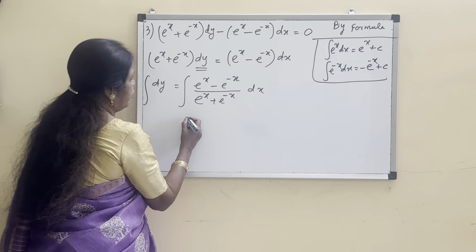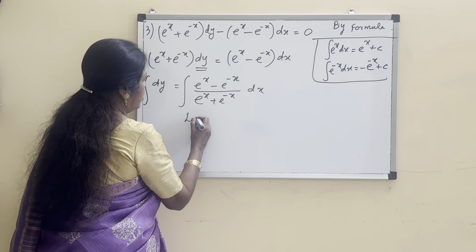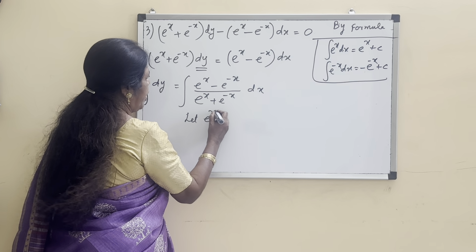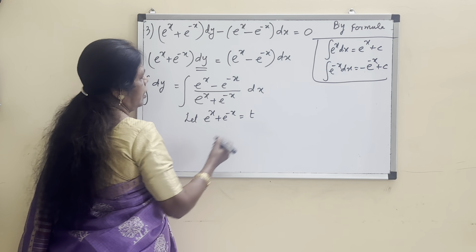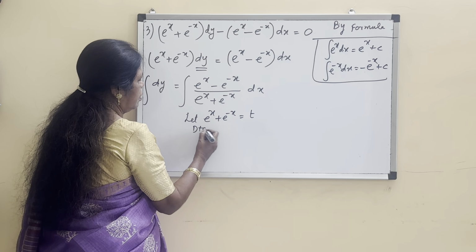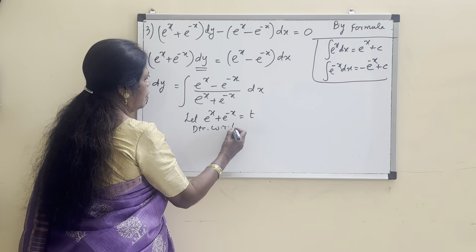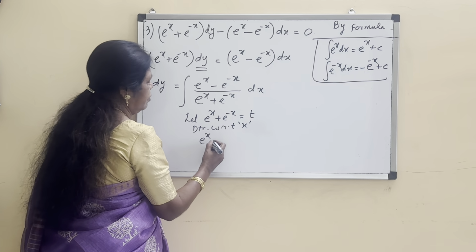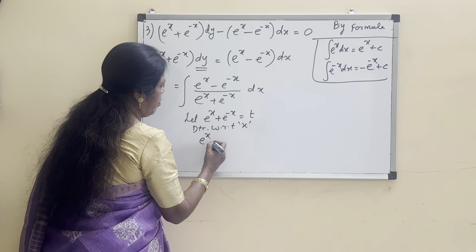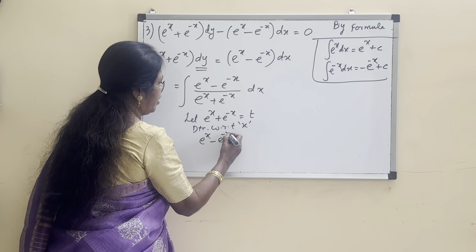So let the denominator e power x plus e power minus x equal t. Differentiating with respect to x, differentiation of e power x is e power x, differentiation of e power minus x is minus e power minus x.